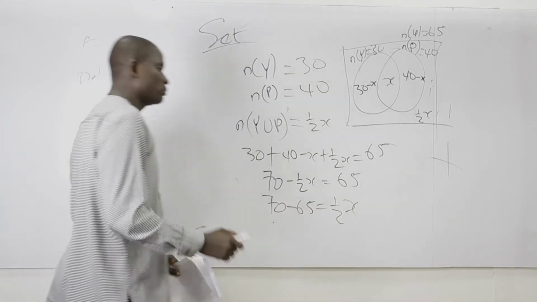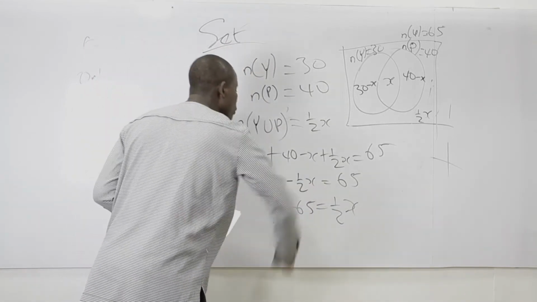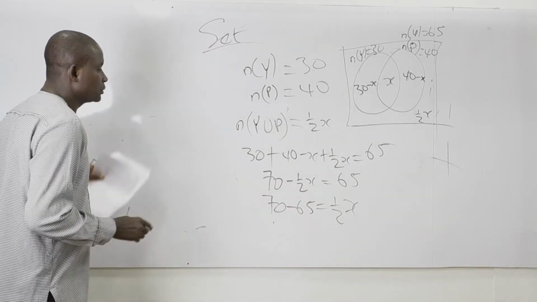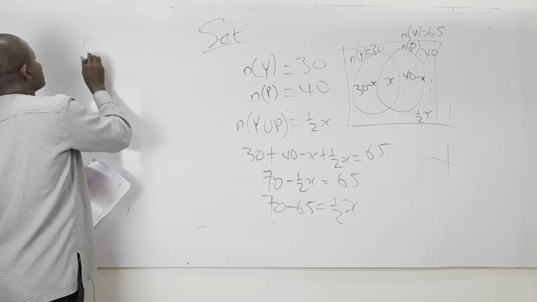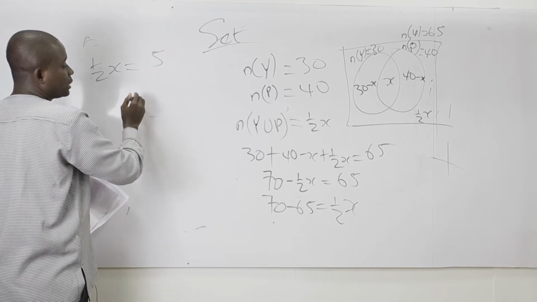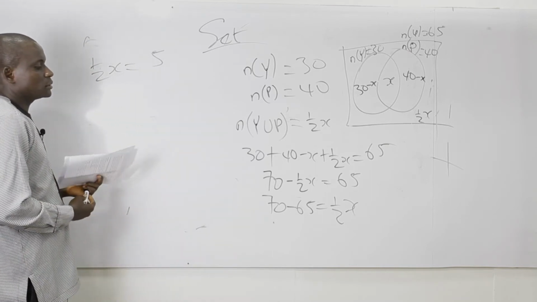Remember that when this one crosses the equality sign, it becomes plus, and this one coming here becomes minus. So invariably, we are getting half x is equal to 5. Okay? Half x is equal to 5.